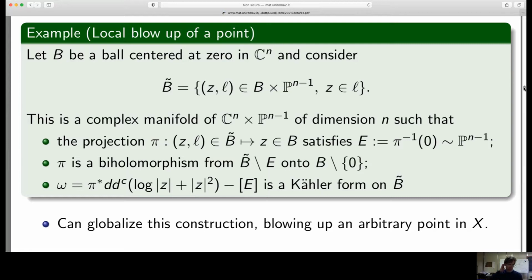A distribution is a continuous linear functional on the space of smooth functions of compact support. Then a current is a continuous linear functional on the space of smooth forms of complementary degree, so that you can take the integral and get a functional. So the integration current, acting on a 2n-2 form with compact support, is just the integral over E of this form.